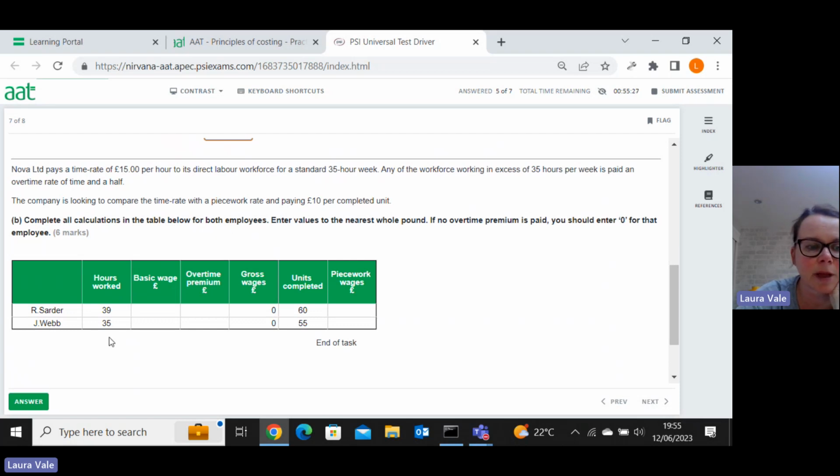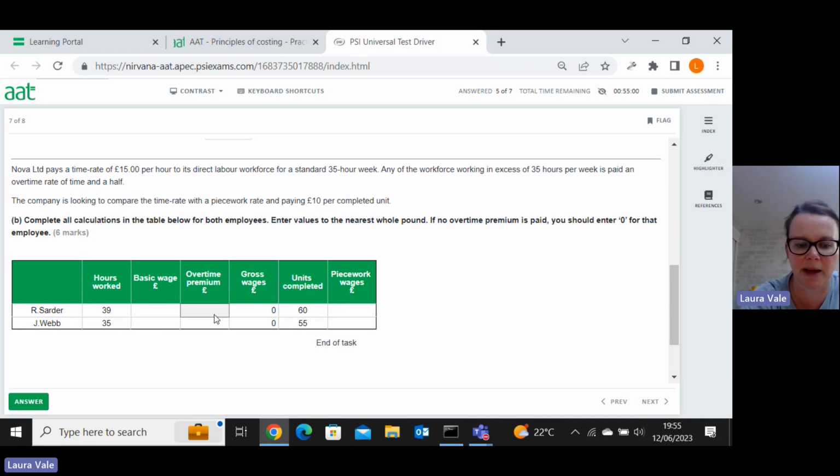Complete the table. Right, so first thing to note is it's asking for an overtime premium. So that's just the extra bit, just the £7.50, just the half again on top of the basic rate. So if it's a 35-hour working week, we've got 4 hours with the overtime premium of £7.50.